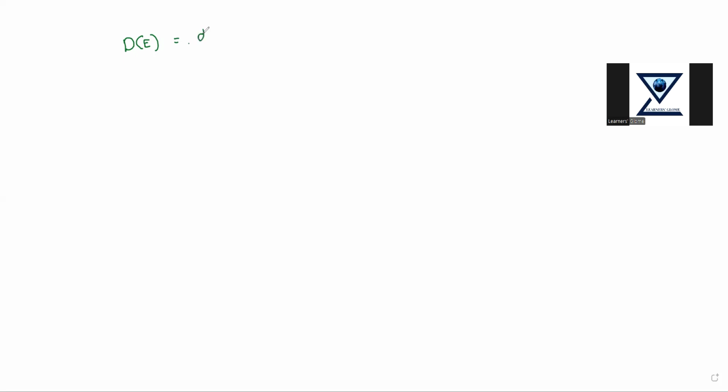D of E is equal to dN by dE. Here dN is the number of electronic quantum states in the energy range E to E plus dE.